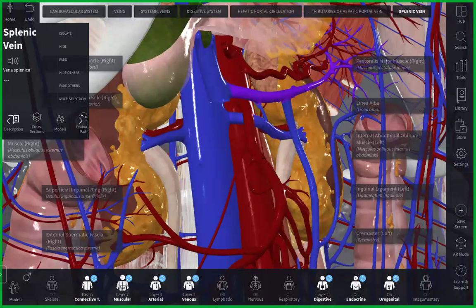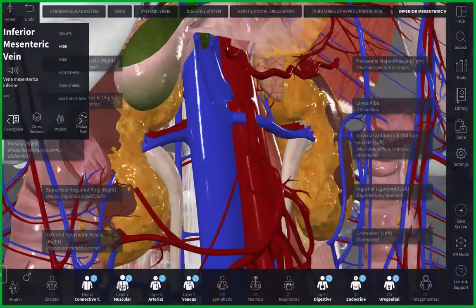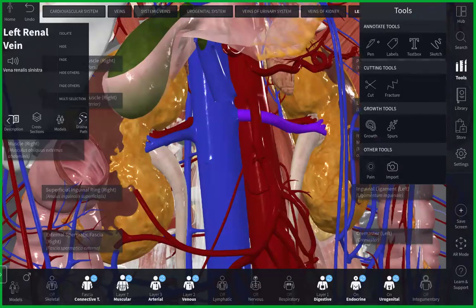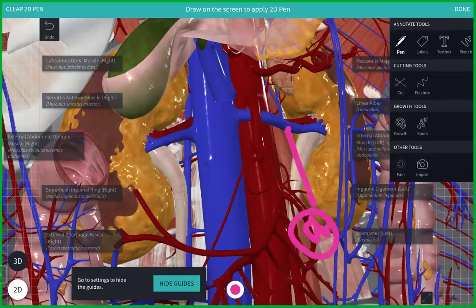Now, what's wrong if you block the left renal vein? Guys, see, this is slightly to the right. And we have the left suprarenal vein and left gonadal vein, testicular in the case of male, ovarian in the case of female.